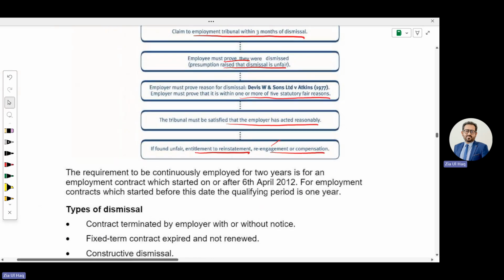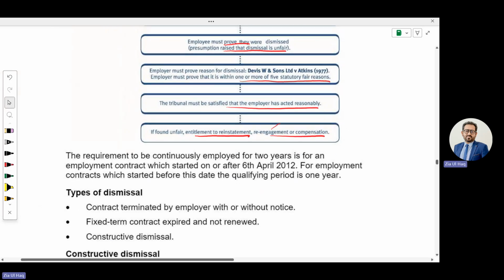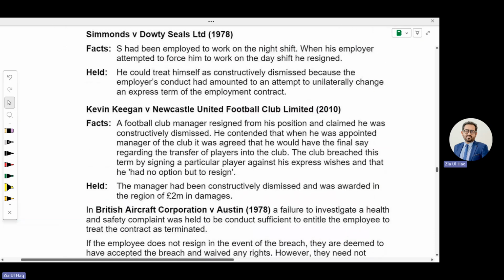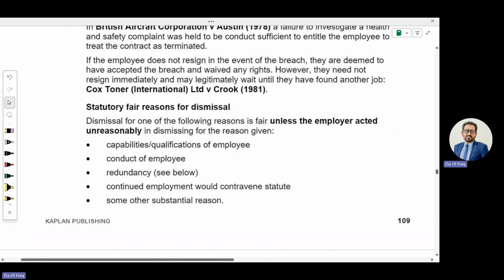What are those 5 reasons that lead to fair dismissal? Let's discuss those first. Statutory fair reasons for dismissal. Meaning these reasons could be considered fair dismissal. So dismissal for one of the following reasons is fair unless the employer acted unreasonably in dismissing for the reason given.